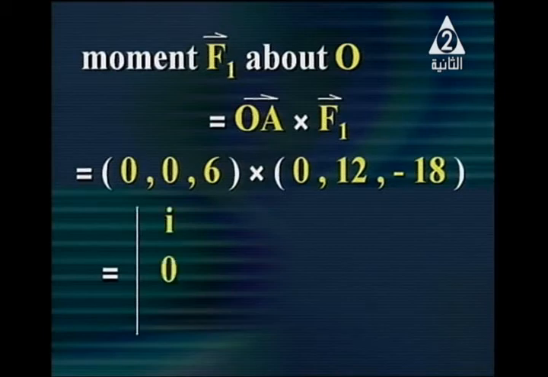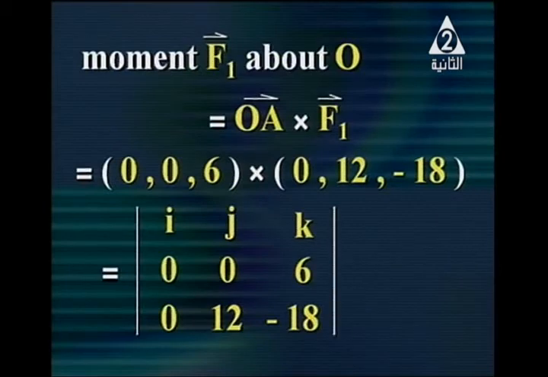By using the determinant formed from 3 rows: the first row i, j, k, the second row the point O 0, 0, 6, the third row the coordinates of F1 0, 12, negative 18. By solving the determinant, the moment of F1 about point O, OA vector cross F1 vector, equals negative 72 i.